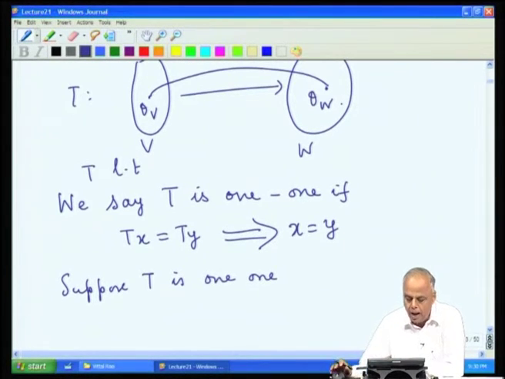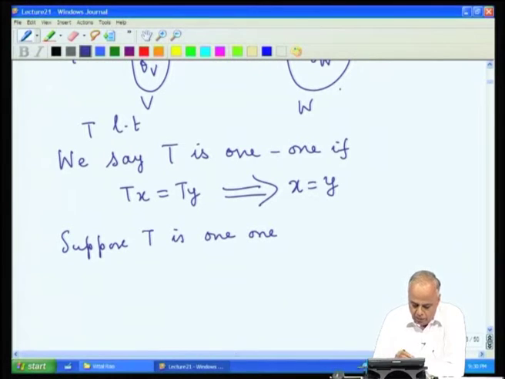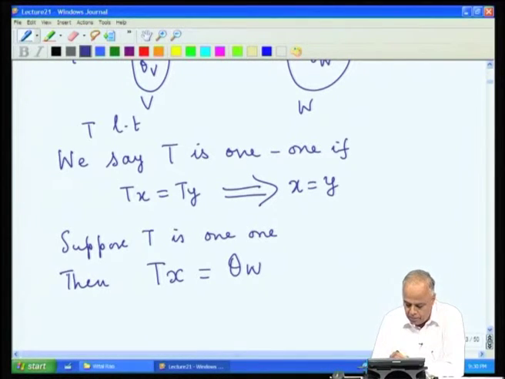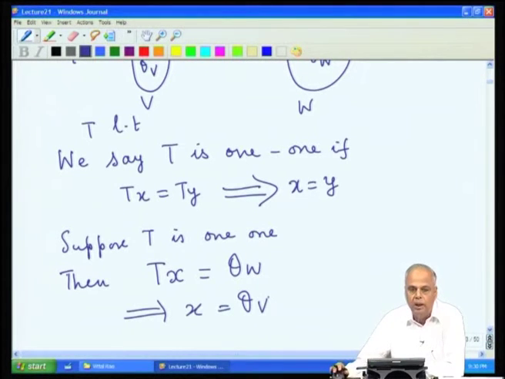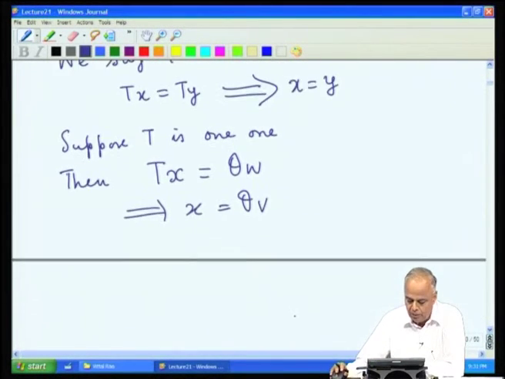Now, because the map is 1-1, no other vector in V can get mapped to the 0 vector. So, whenever a vector x gets mapped to the 0 vector, then x must be equal to theta V, because no other vector can get mapped to the 0 vector.